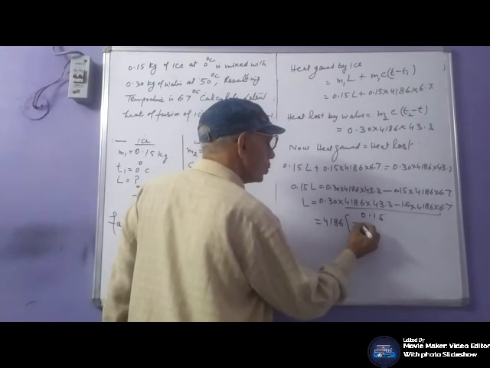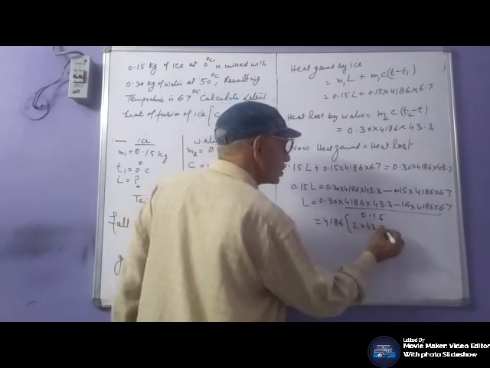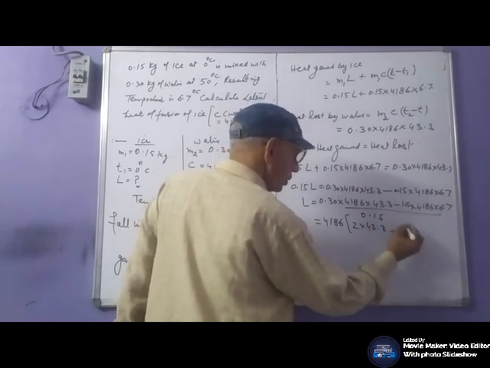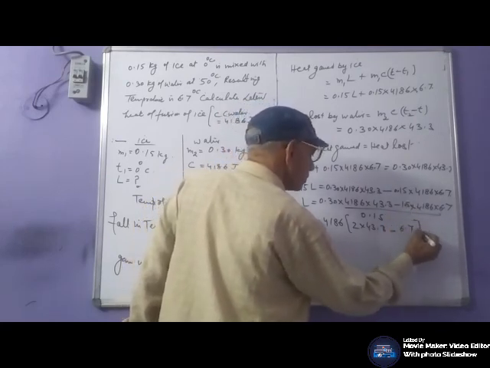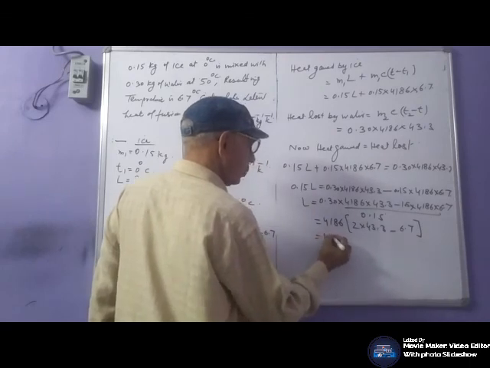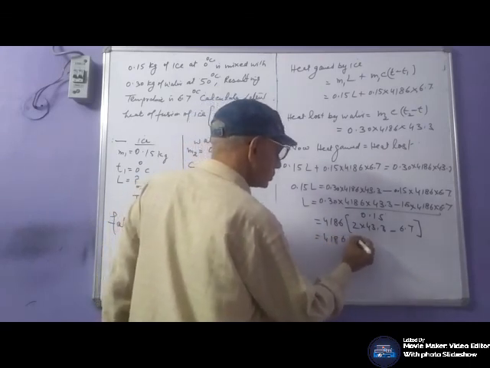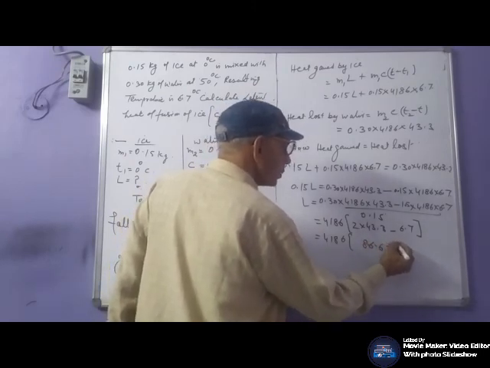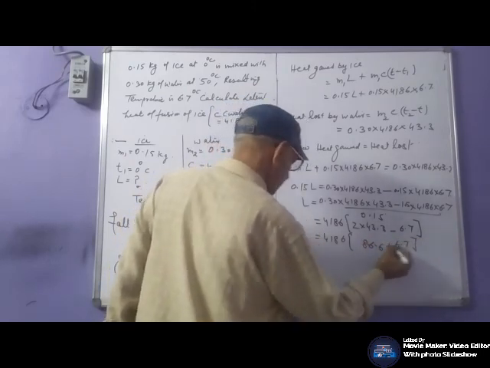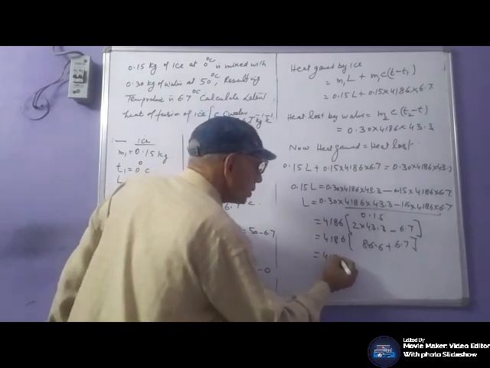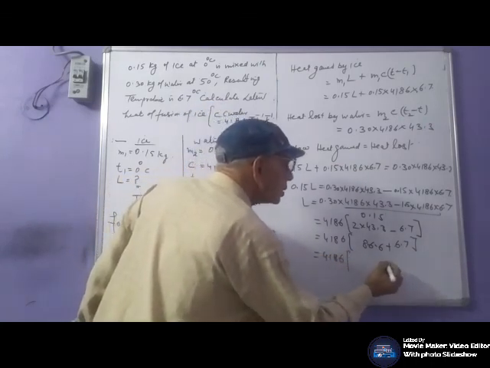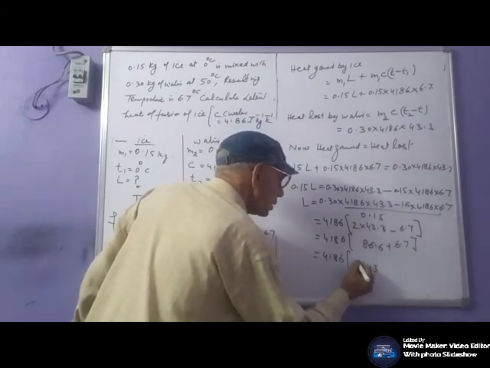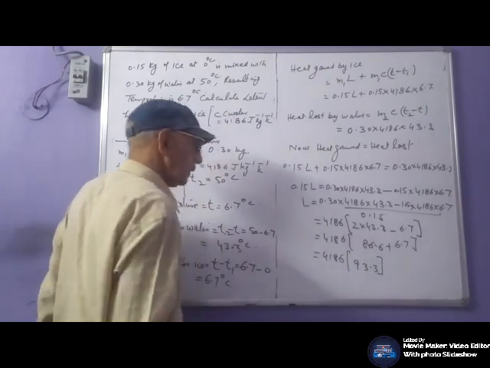It will be 4186 times (2 into 43.3 minus 6.7).